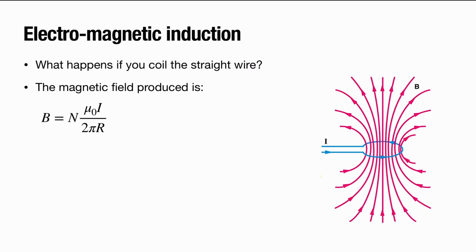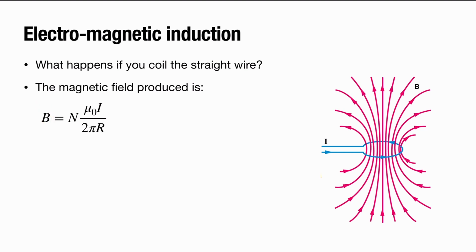But the point is that the magnetic field now not only depends on the size of the current, but it depends on R. R here is the radius of your coil, of your loop. If you make a loop of size R, that size of that loop will determine the size of your magnetic field.